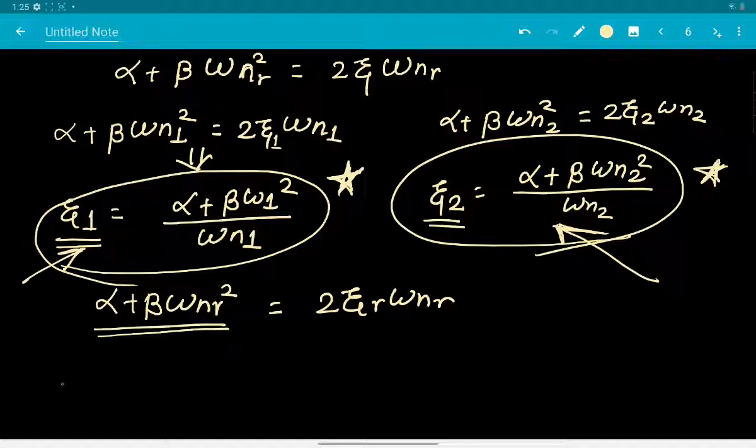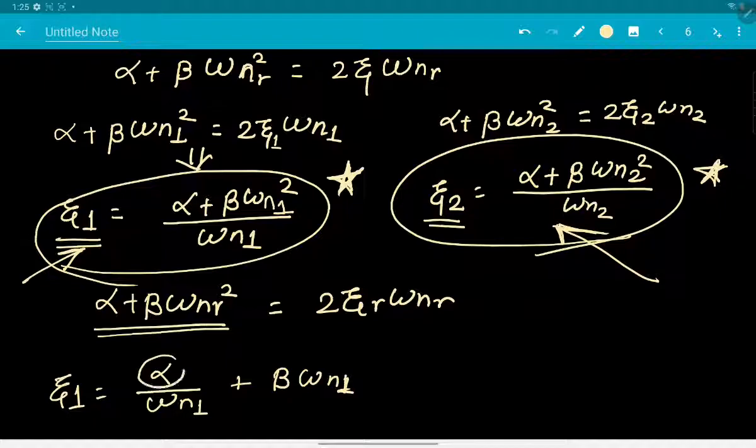Now I'll expand it even further. I'll write it down this way. Xi1 will come out to be equal to alpha divided by omega n1 plus beta times omega n1, right?